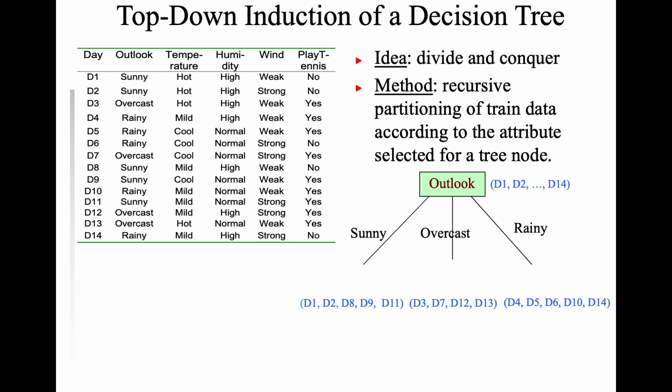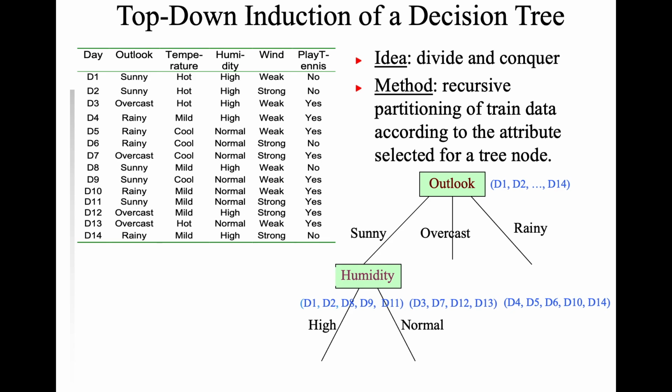And then again for the rainy, we write which days we have. Now, if the outlook is sunny and humidity is high, which rows satisfy this condition? D1, D2, D8. Now I want you to see what I wrote here: D1 minus, D2 minus, D8 minus.